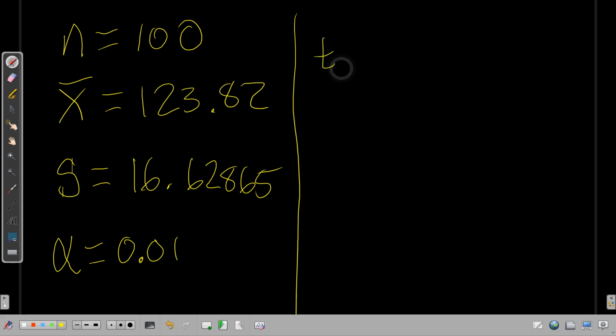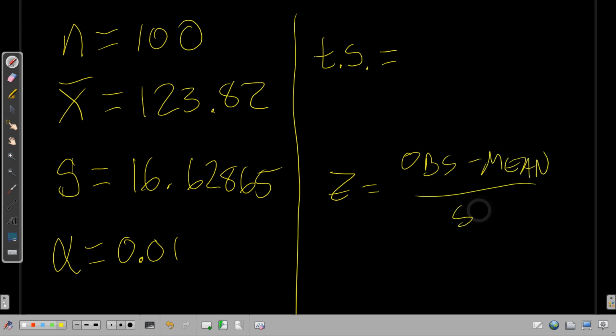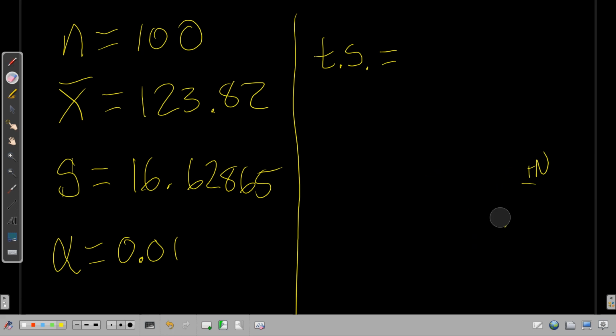So the test statistic is kind of like a z-score. Remember that a z-score was the observed minus the mean over the standard deviation. This is kind of like that. It's still an observed minus a mean over the standard error.